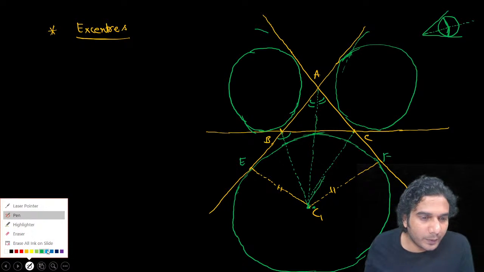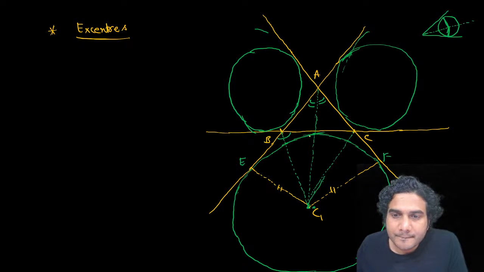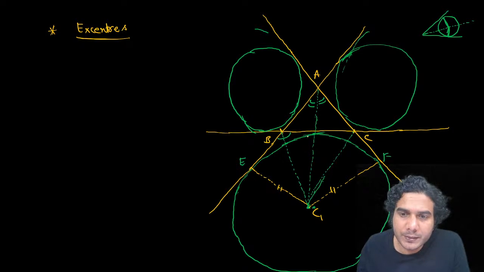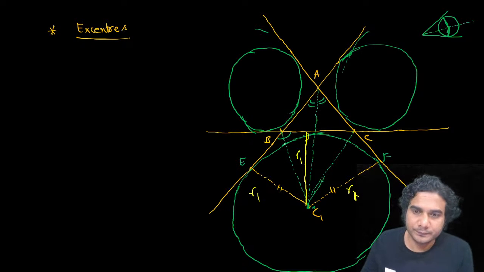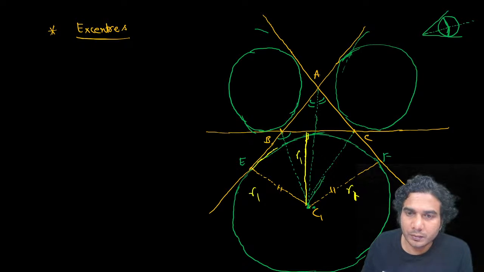So I'm just telling you the geometry of this, and then you can draw altitudes. So these are the altitudes. This is R1, this is R1, and this is also R1. Okay, these are the altitudes. The circle is going to touch at this point.